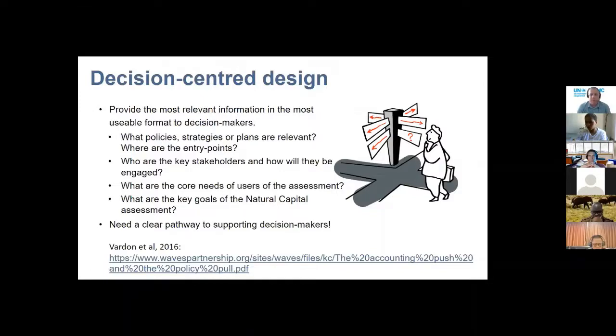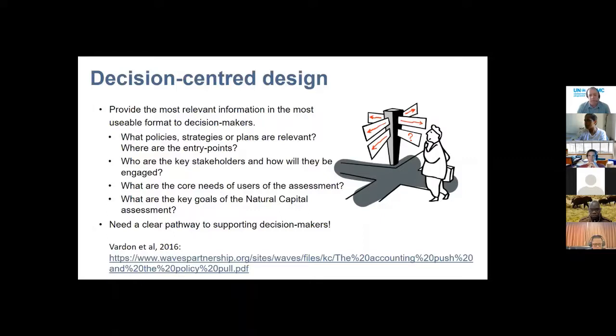But what we really want from the assessment is to provide the most relevant information in the most usable format to decision makers. So we want to understand what are the policy strategies or plans that are going to be most relevant to the natural capital assessment, and what are going to be the entry points from information from the assessment into informing those.